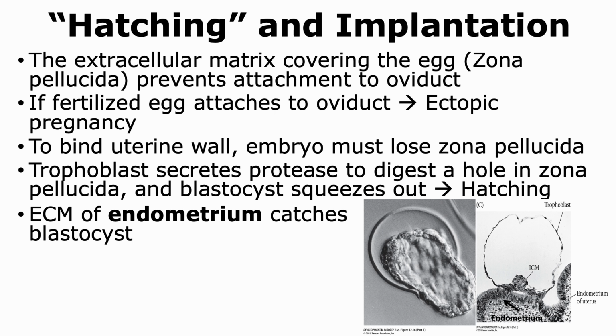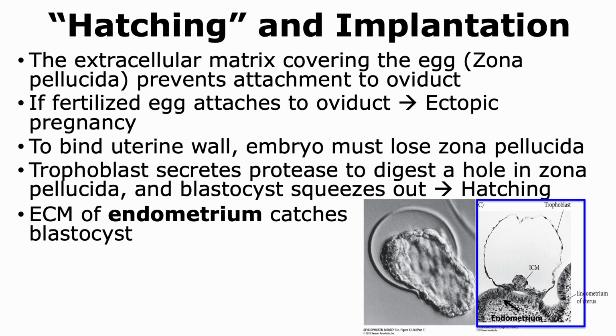Once the blastocyst is out of the zona pellucida, it is able to interact with the extracellular matrix of the endometrium, which is the inner lining of the uterus. And so the extracellular matrix of the endometrium is able to catch the blastocyst through interactions.